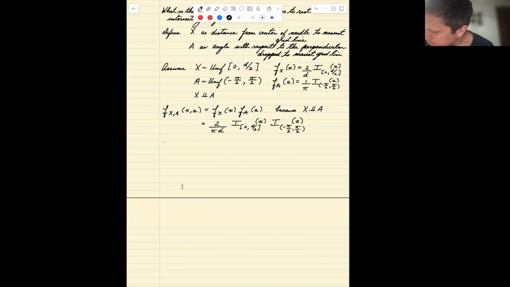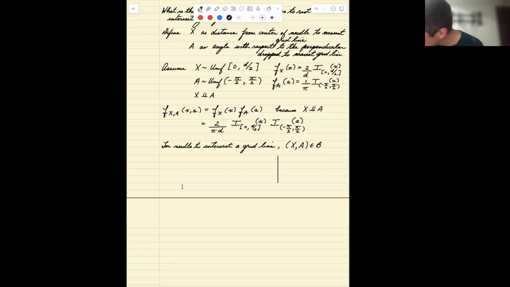Now, what's the event that we're interested in? Well, for the needle to intersect a grid line, what do we need to happen? Okay, let's think about this. We want to define a region B. So what's going on here?